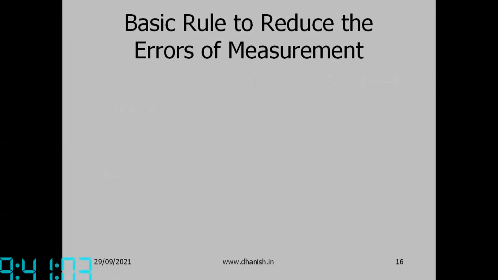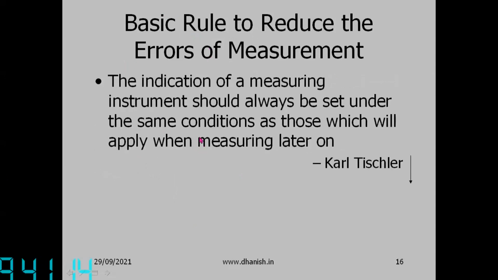Okay, so with that, our discussion on basic errors, we conclude. One basic rule to reduce the error of measurement is given by Carl Tisler. The indication of a measuring instrument should always be set under the same conditions as those which will apply when measuring later on.